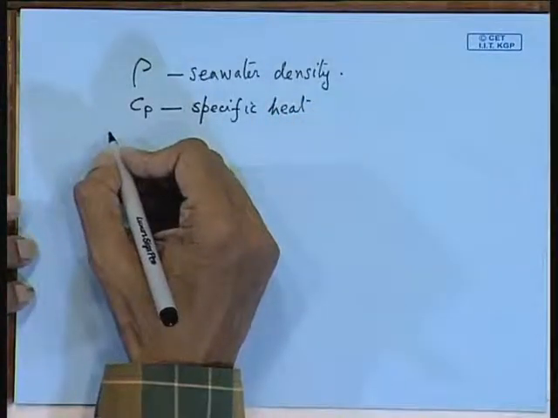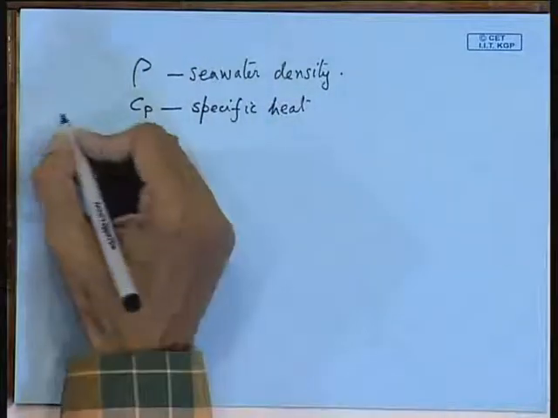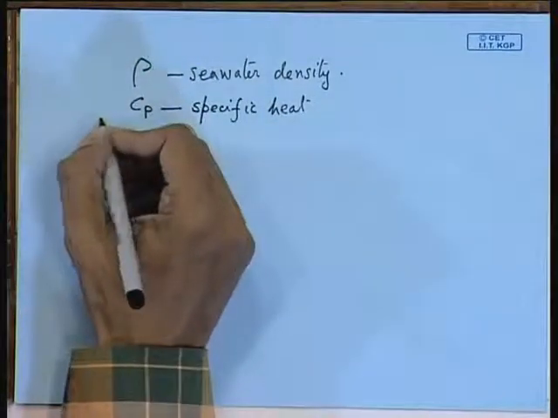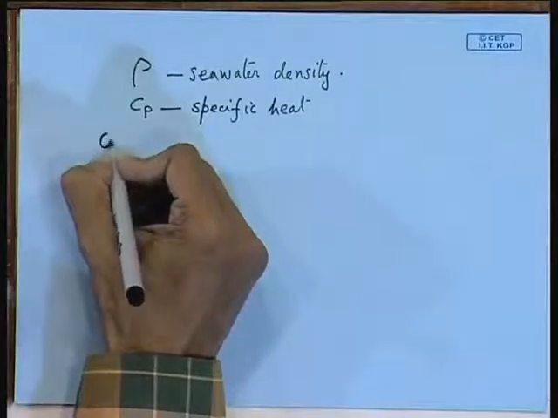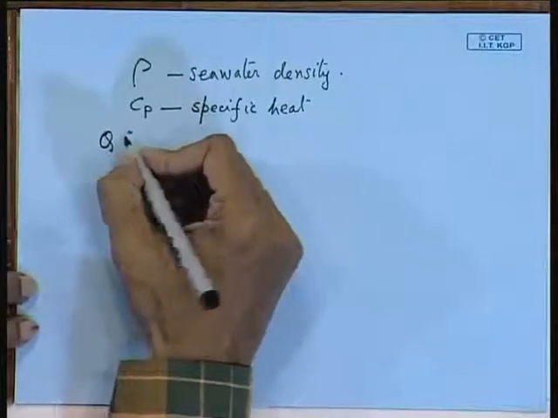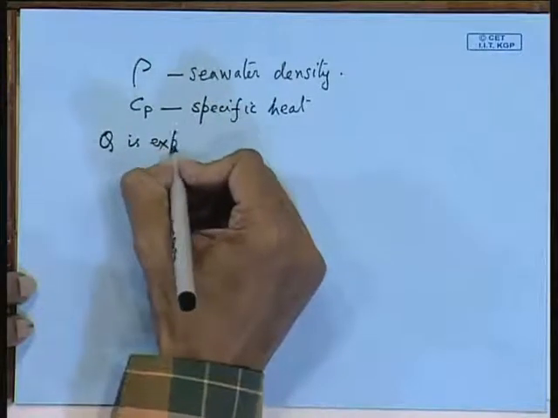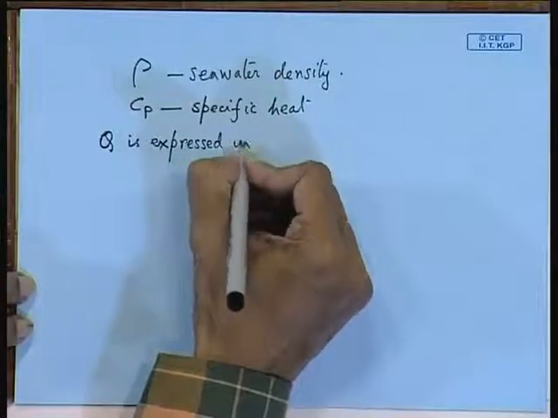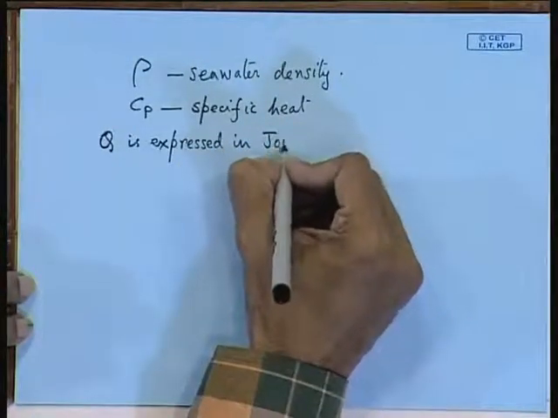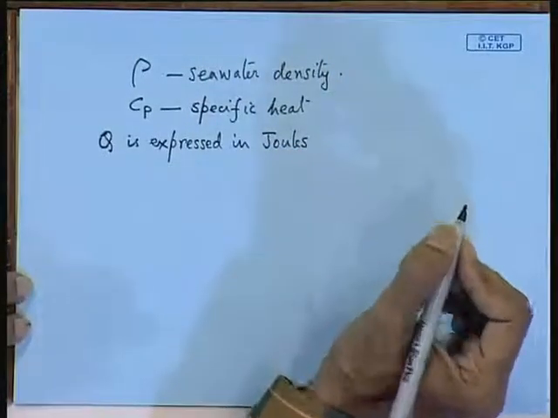Now, in this equation, heat is not expressed in British thermal unit. The quantity of heat is expressed in joules. Q is expressed in joules. That is your unit of energy. Sorry, I was wrong. This is not in British thermal unit.